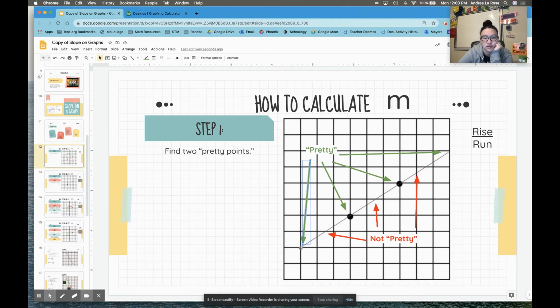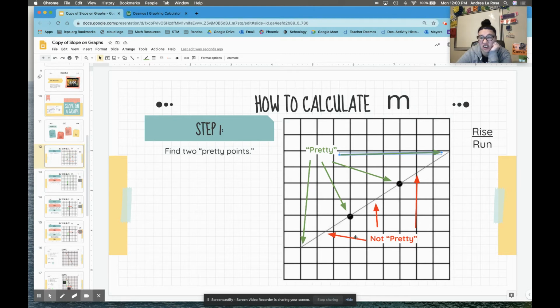This black dot here, that's another pretty point. That's exactly at the intersection of my lines on a grid. That second black dot, again, right on the intersection of lines on my grid. And this last pretty point up top, that line's going right through those points.